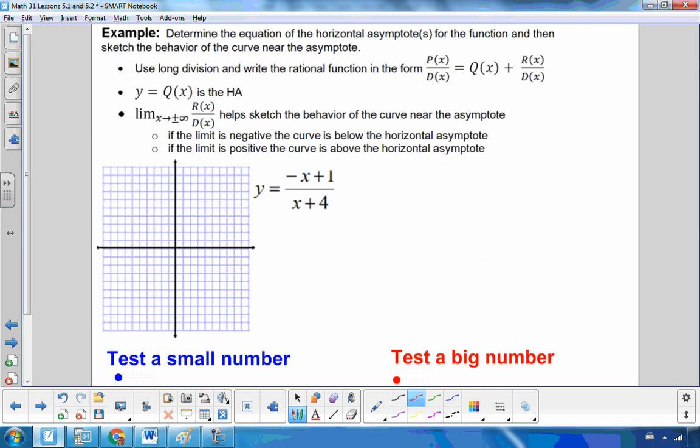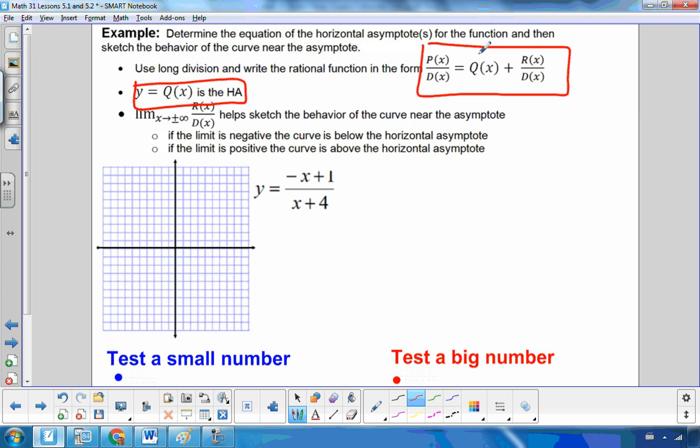Okay, let's look at a different way of doing horizontal asymptotes. So another way that we can do that is using long division. So I can use long division and write the function as this division statement here. So polynomial divided by polynomial is the quotient plus the remainder out of the divisor. When I do that, y equal to q of x is the horizontal asymptote.